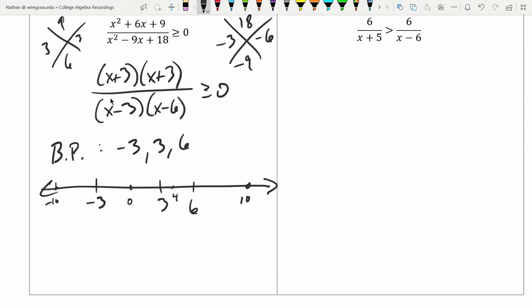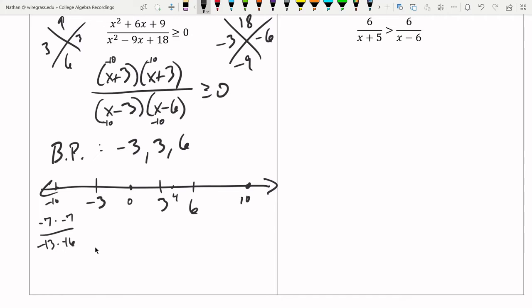And all we have to do is plug it into here. So you test -10, -10 plus 3, and just simplify the statement down. For this interval, we would get, let's see, -7 times -7 over -13 times -16.